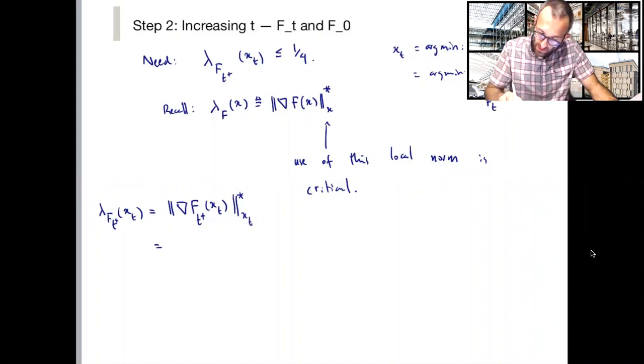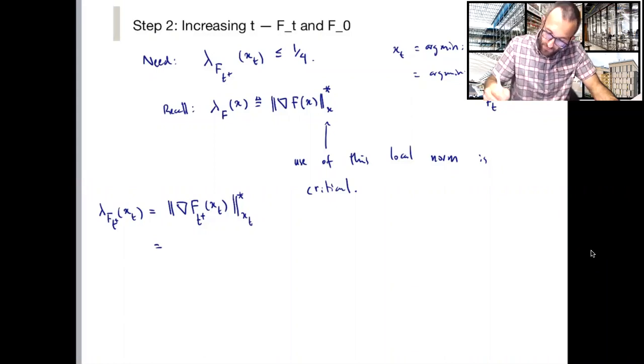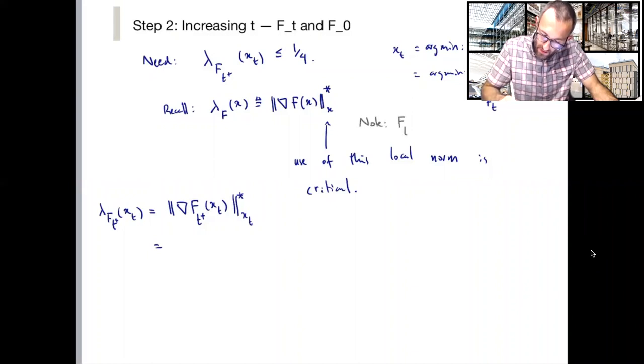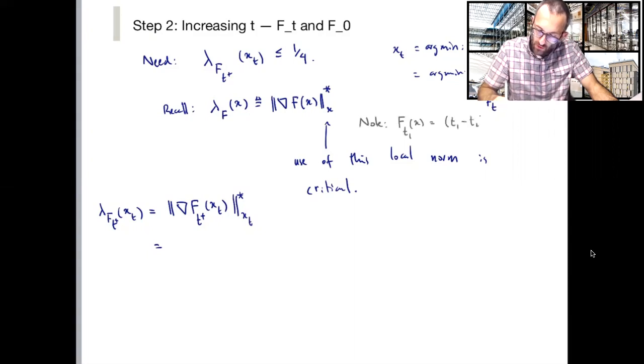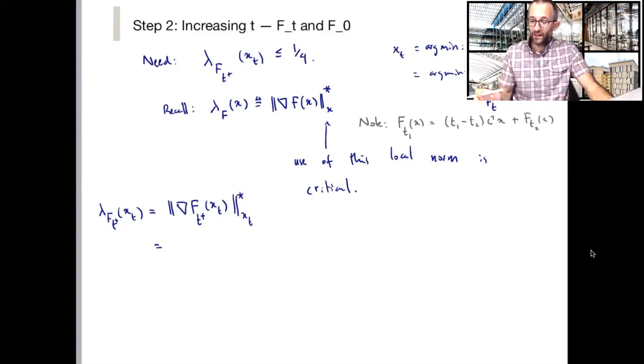So my point here is that f_t1 of x is equal to (t1 minus t2) times c transpose x plus f_t2 of x. So they're all related like that. After all, f_t is just t times c transpose x plus f0.